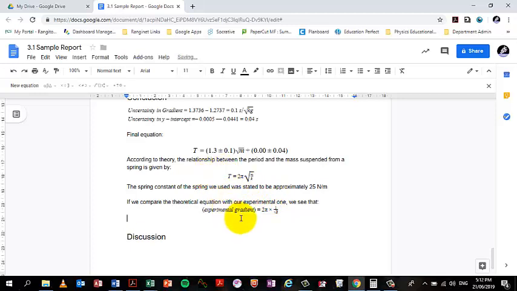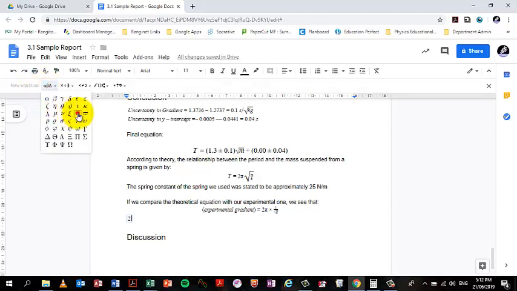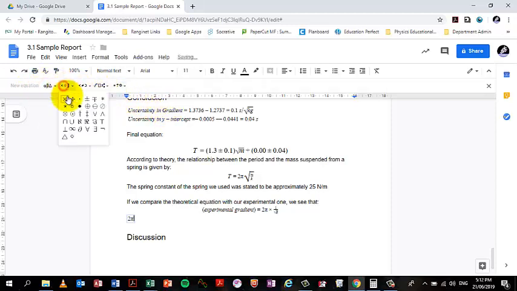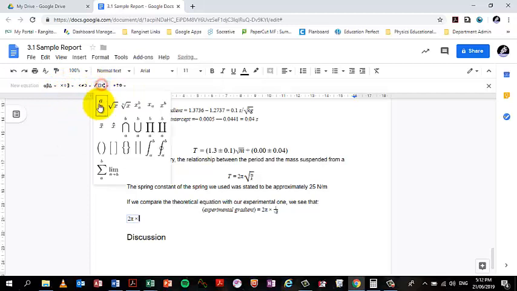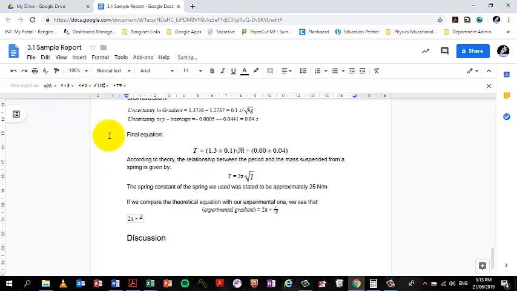So if we compute what that is, we get 2 pi times 1 over square root 25.